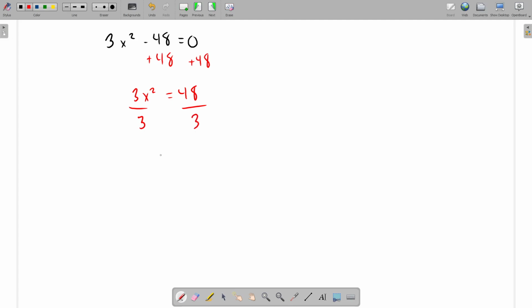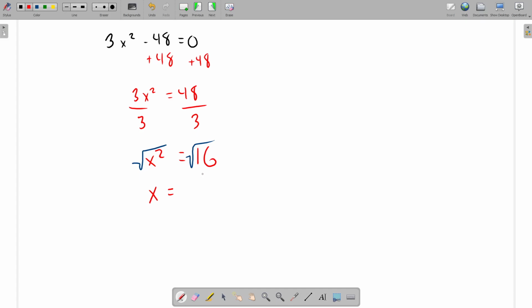Everything is exactly the same way as it is with a linear equation thus far. So 48 divided by 3 is 16, and then this is the one new step that we have when we're dealing with a quadratic rather than a linear equation, and that's to get rid of this squared, we need to take a square root. A square root will undo the square, leaving us with just an x.